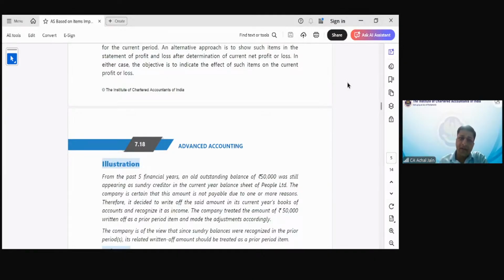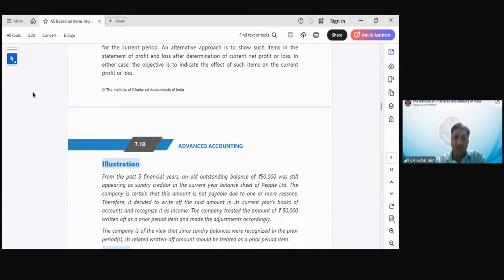The company treated the amount of 50,000 written off as a prior period item and made the adjustments accordingly. The company is of the view that since sundry balances were recognized in the previous years, its related written off amount should be treated as a prior period item. Over to you. Now, in this case, what is your view?